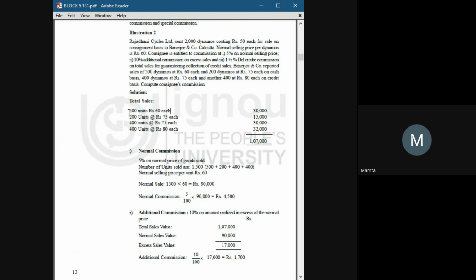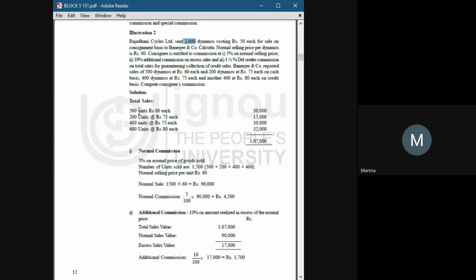How many units has he sold? 500 plus 200, 700, and 400, 1100, and 400, 1500. You need to take care of that as well. These are 1500 units, and we have sent 2000 units for the consignment, but we need to calculate only 1500 units, because only 1500 units are being sold by the agent.